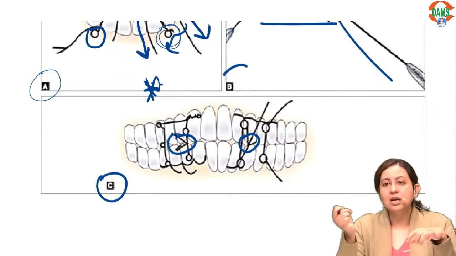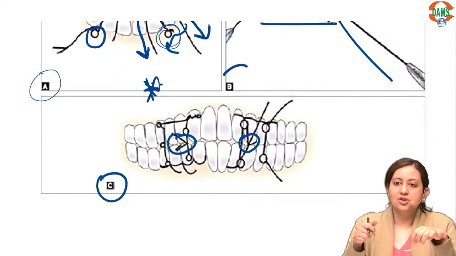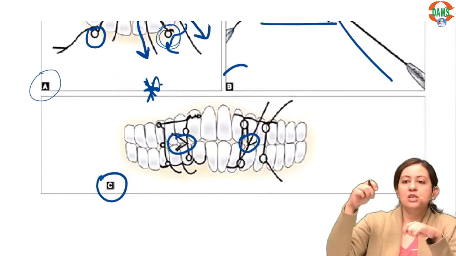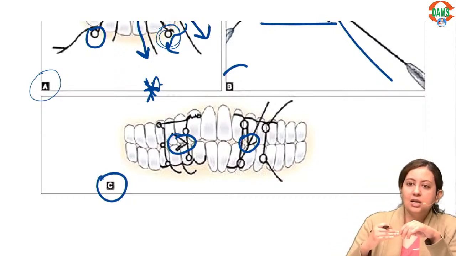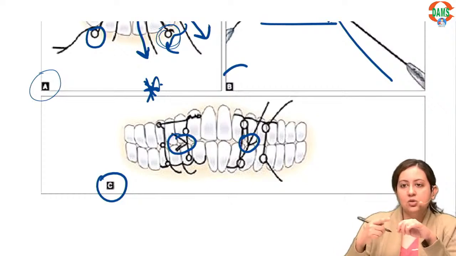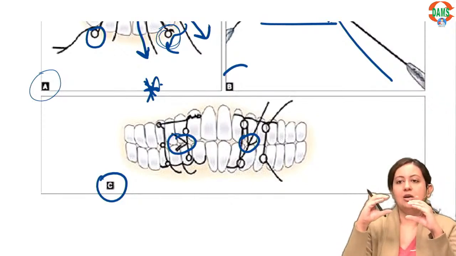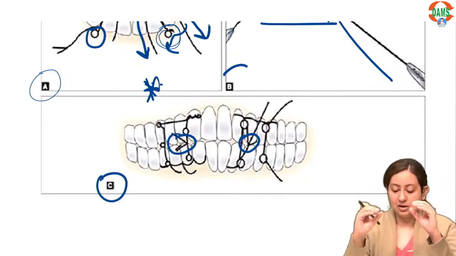Then you take another set of stainless steel wires, straightened wires. You pass your wires through the maxillary eyelets and the mandibular eyelets, and you just tighten those wires. So you will achieve intermaxillary fixation.